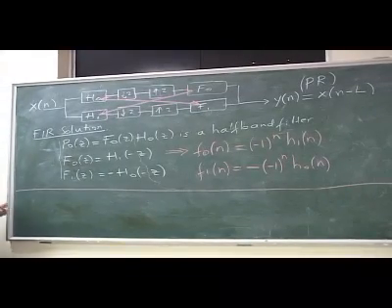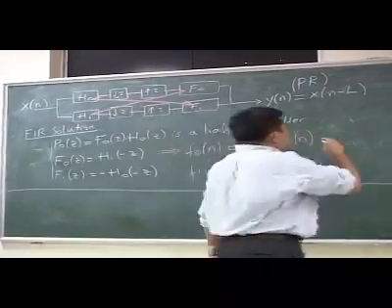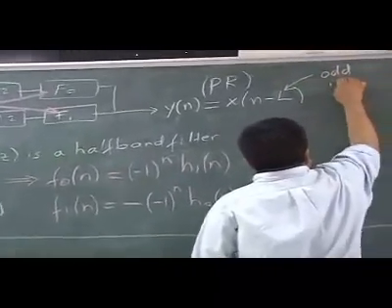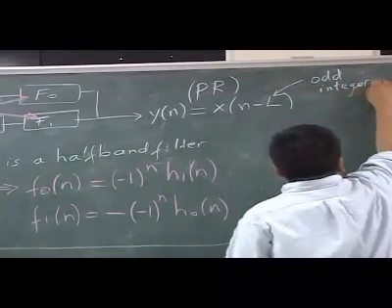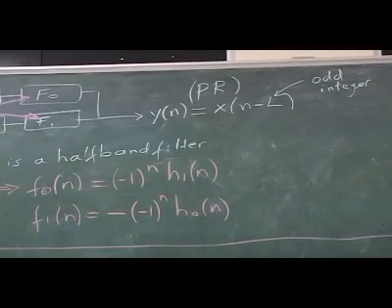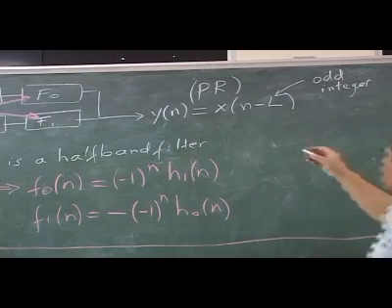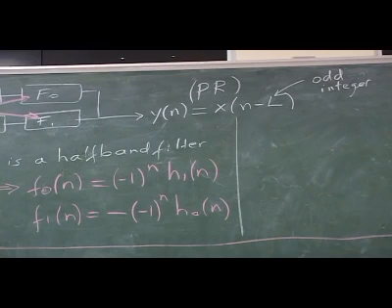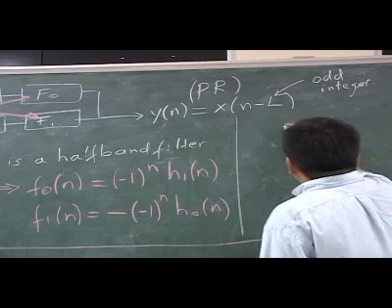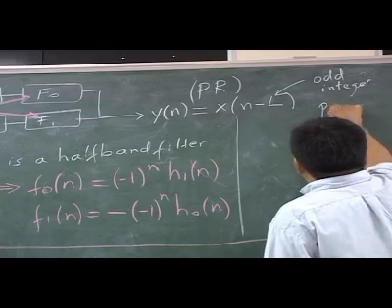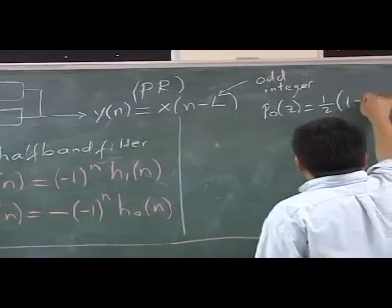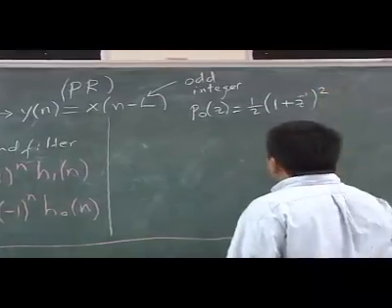Okay? Alright. And we also show that L is an odd integer, right? So yesterday we had one example of what P0, a half band filter, would be. The easiest one that we had yesterday is P0 equals 1/2 (1 plus z inverse) squared, right?